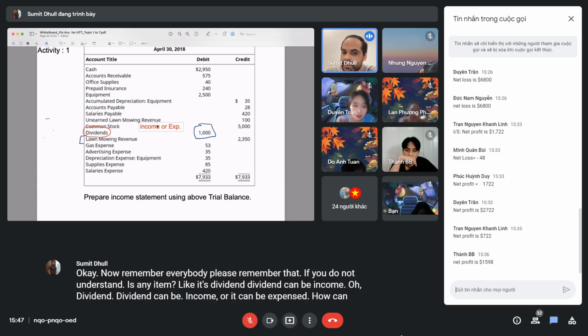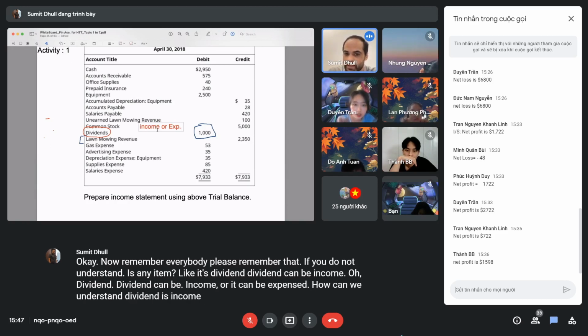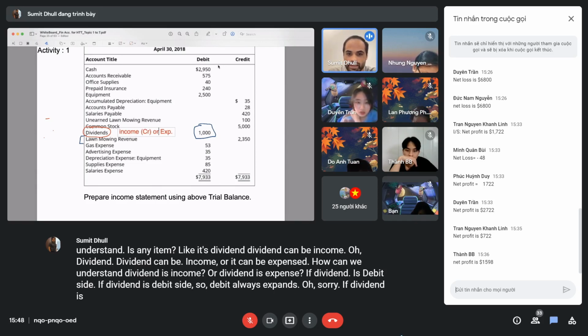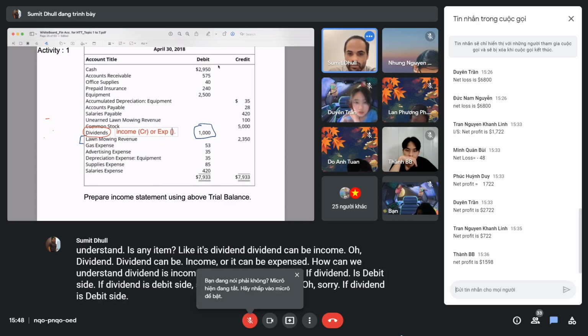How can we understand whether dividend is income or expense? If dividend is on the debit side, debit is always expense. Obviously it's expense. And if dividend is on the credit side, it's income, right?